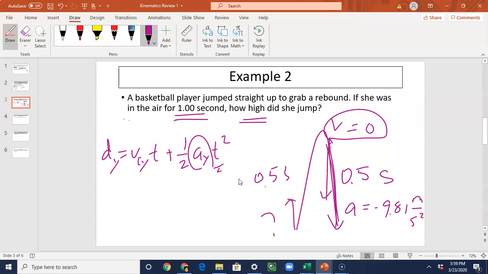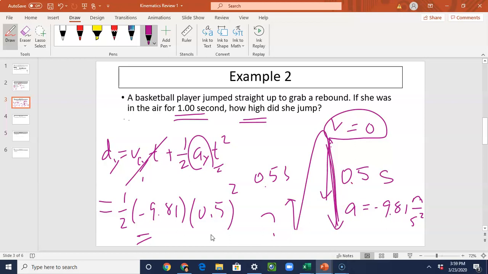Plug everything in. dy equals, this part becomes 0, it's just 1/2 times negative 9.81 times 0.5 squared. 0.5 squared is a quarter, so the total height would be about 1.2 meters.